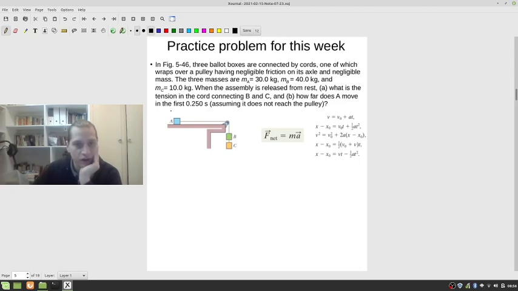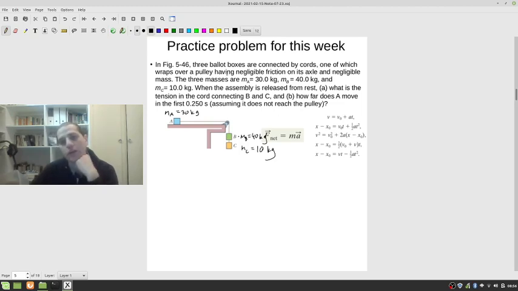The 3 masses are MA equals 30 kilograms, MB is 40 kilograms, and MC is 10 kilograms. When the assembly is released from rest, what is the tension in the cord connecting B and C? How far does A move in the first 0.250 seconds, assuming it does not reach the pulley?